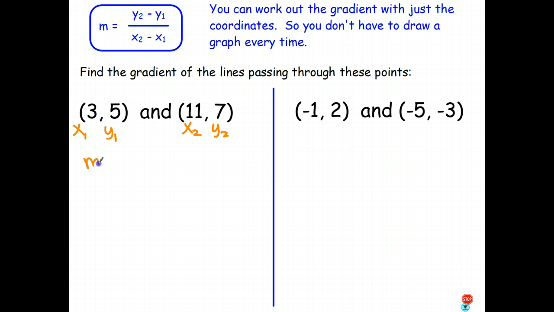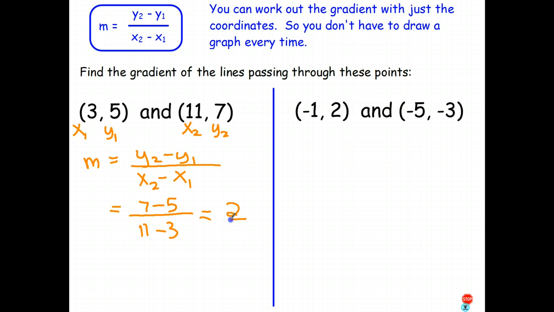Okay, the next step is to write the formula, and you'll be given this on your formula sheet in my class, so you don't need to memorize it. Maybe your teacher's not as nice as I am, so you might have to memorize it. Okay, the difference in the y coordinates: y2 is 7, subtract y1 which is 5, over x2 is 11, subtract x1 which is 3. 7 take 5 is 2. 11 take 3 is 8.